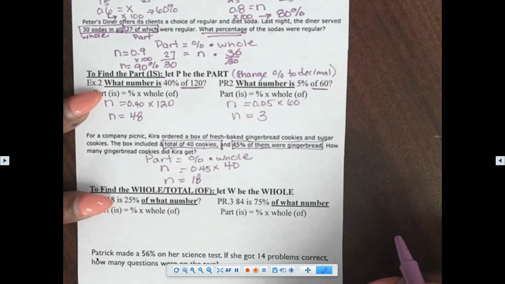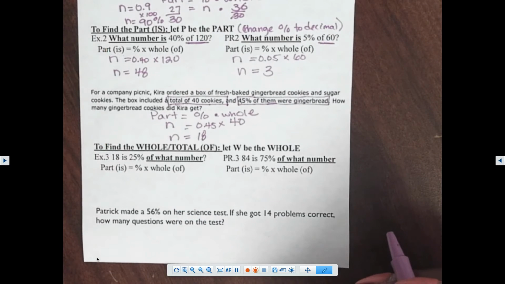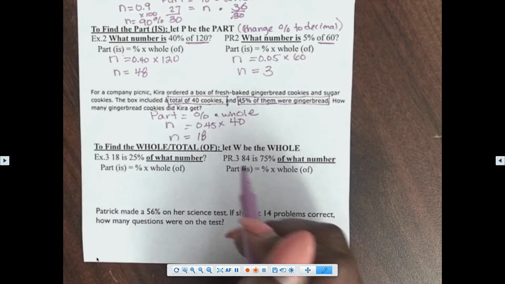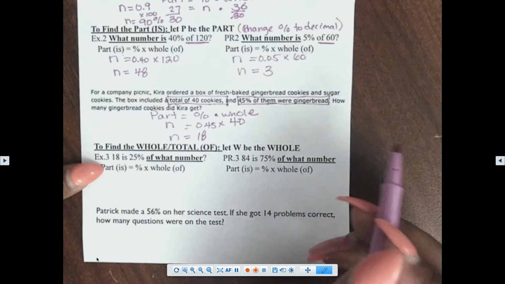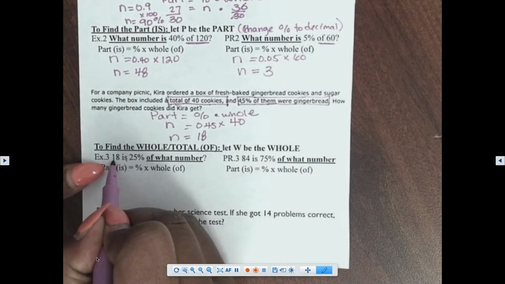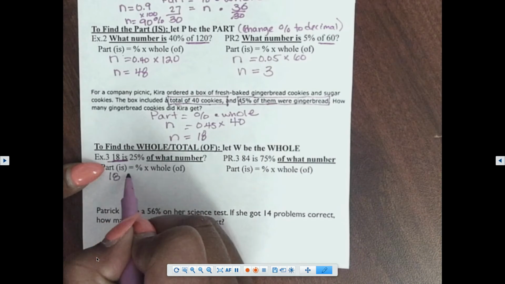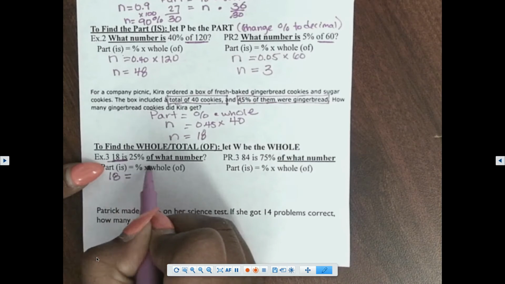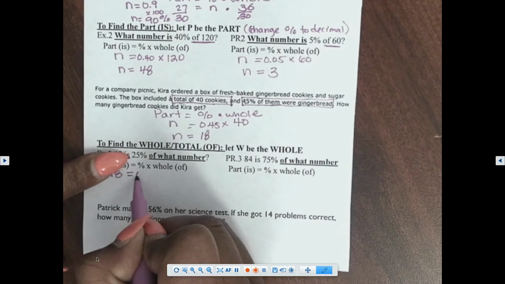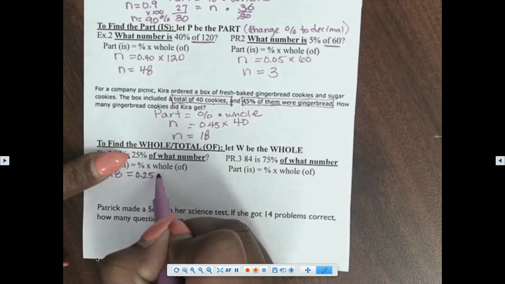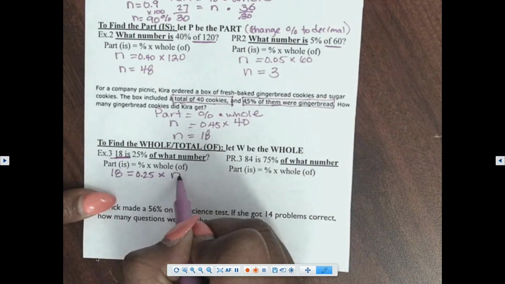And then the last section, which will be a new section that we have not covered, we're going to find the total or the whole. We look at it, it says 18 is. So it gives me the part. So 18 is 25%. Change that to a decimal, 0.25 times n.